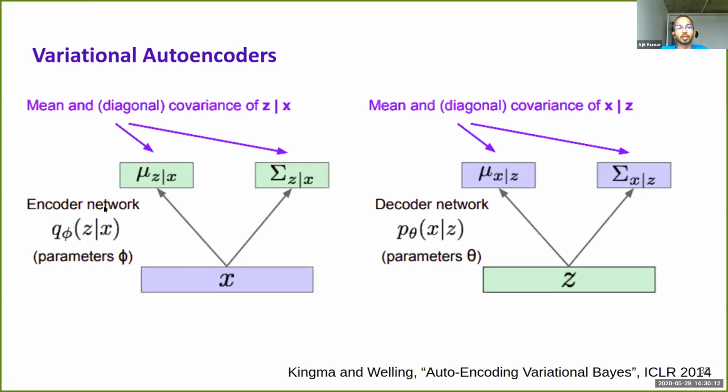This encoder network goes from X to Z layers, where we have some mean and some variance of the latent representation.